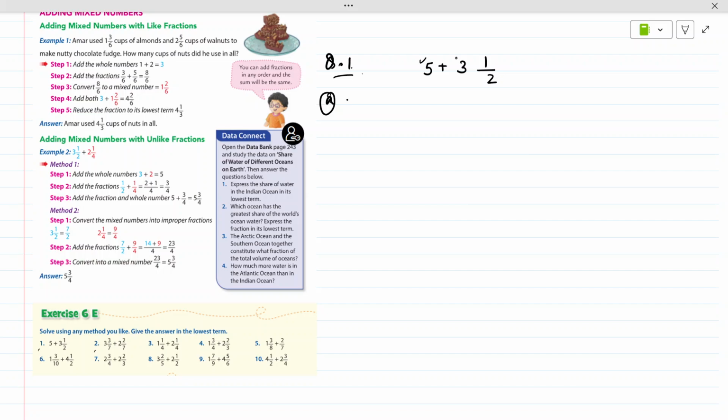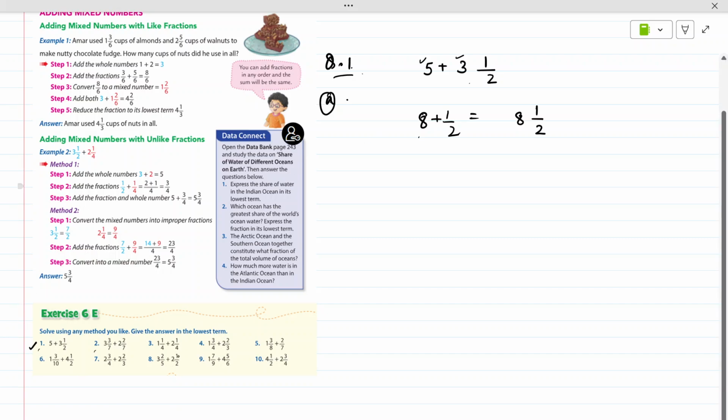So we have 5 plus 3, this will give us 8. So the answer will be 8, and to this 8 we have to add this 1 by 2 also. The answer will be 8 1 by 2. This will be our answer.